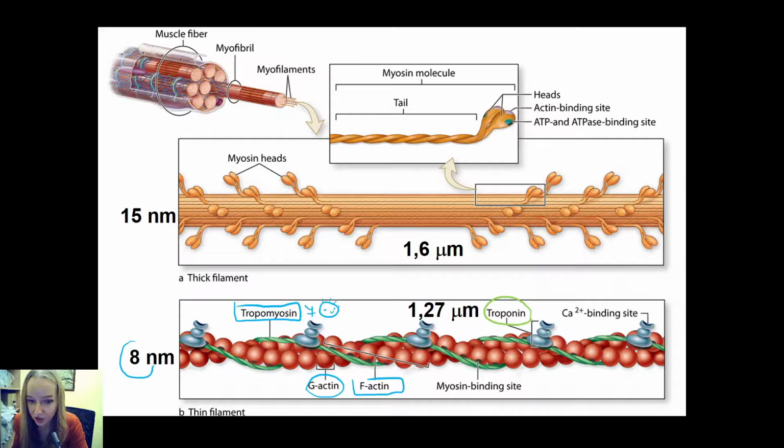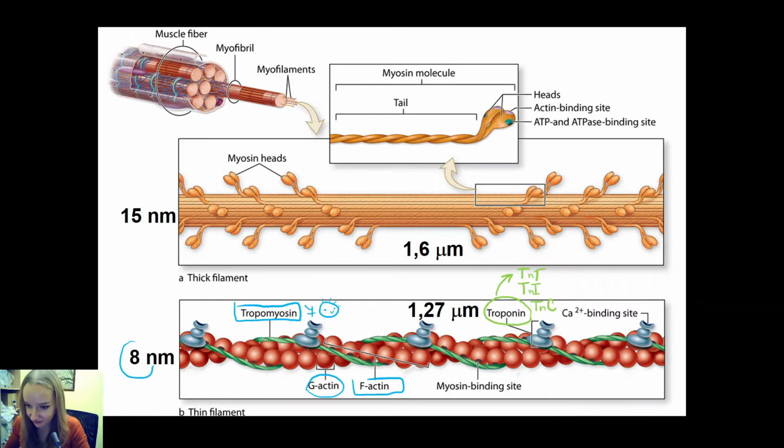So we differentiate 3 troponins: troponin T, troponin I, and troponin C. These are the basic 3 units of the troponin complex, and they have some functions.